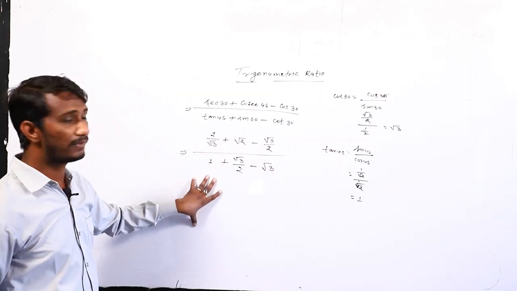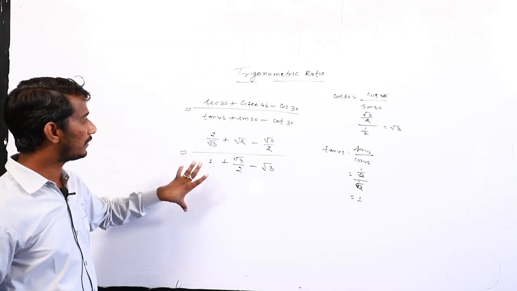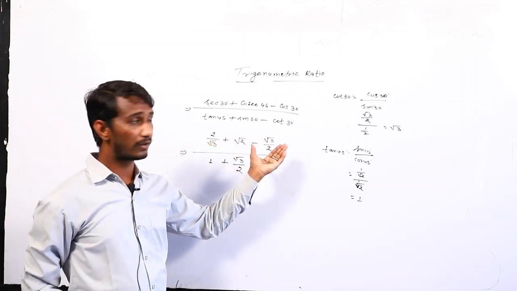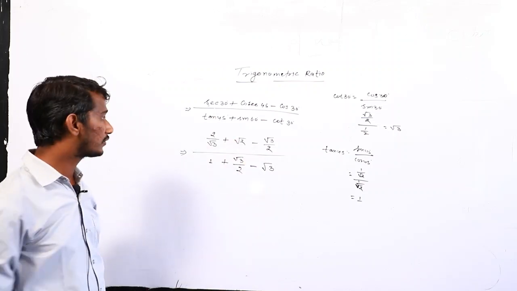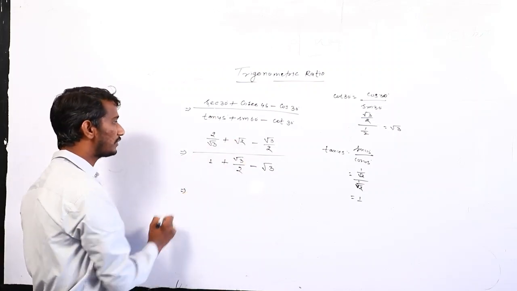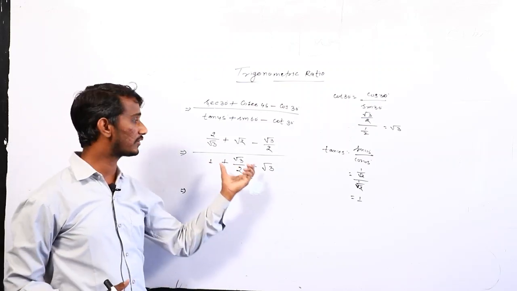Now we want to simplify the given term, because these are very important. If we miss any value from the trigonometry ratios, the solution becomes wrong. After that, using the simple way of adding and subtracting the numbers, we can solve it.